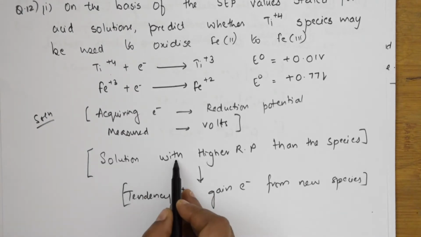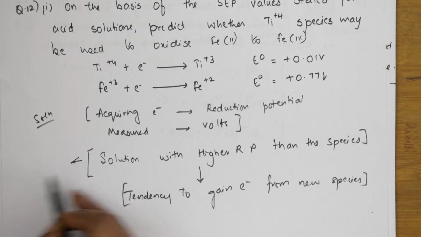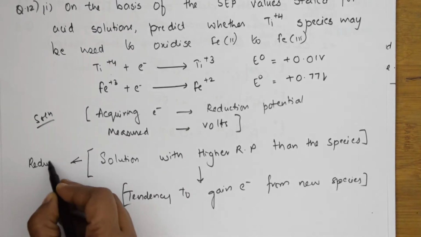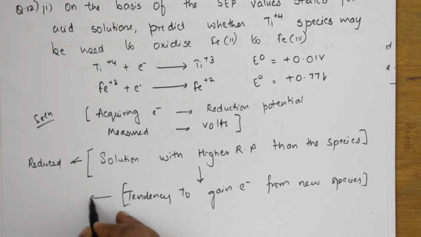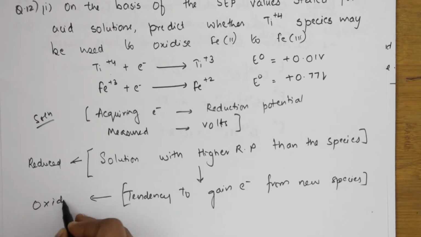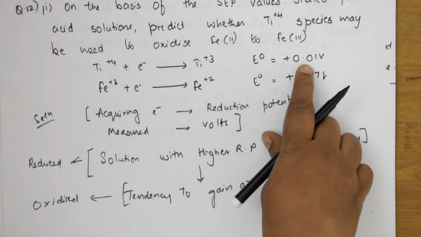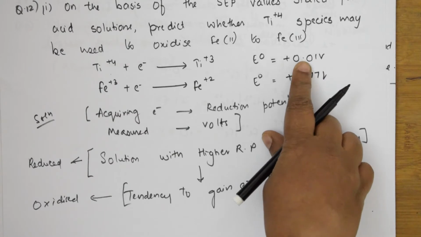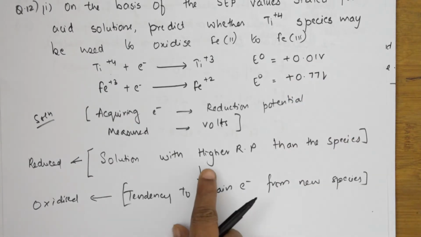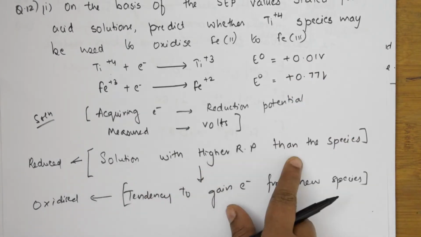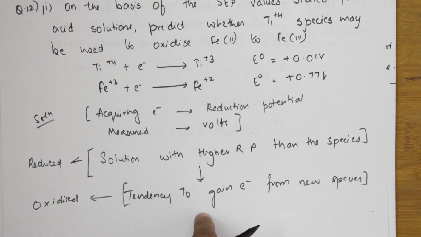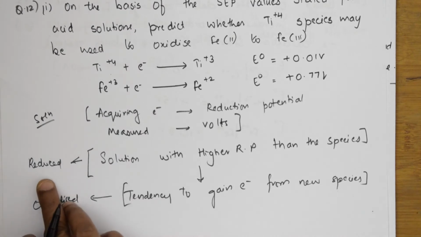This species will get reduced, and the other species will get oxidized. Once again, acquiring electrons is reduction potential. When a solution has higher reduction potential than the other species, it will have a tendency to gain electrons. When it is gaining electrons from the new species, it gets reduced and the new species gets oxidized.